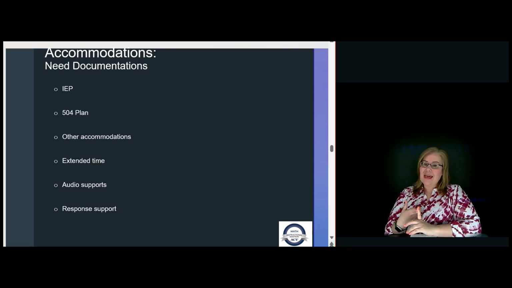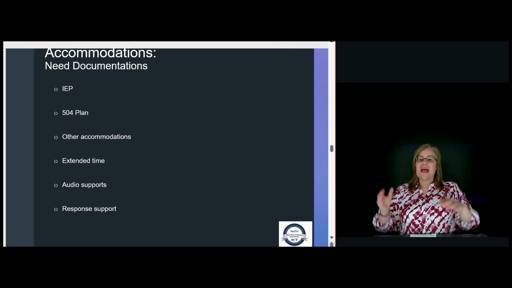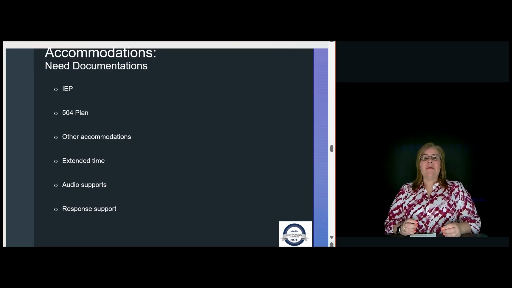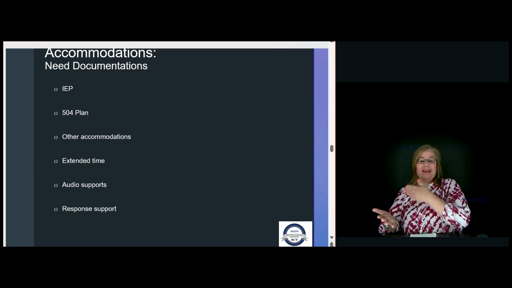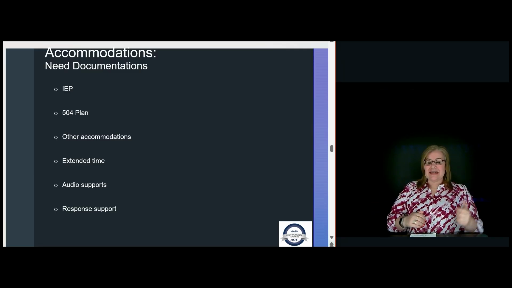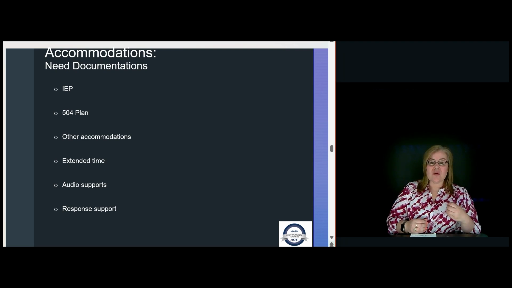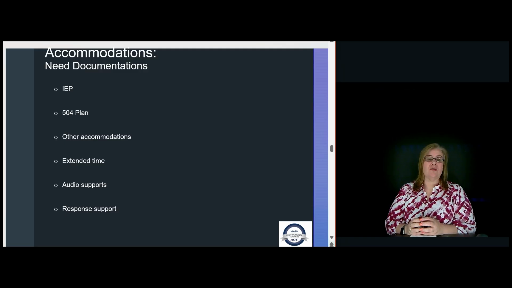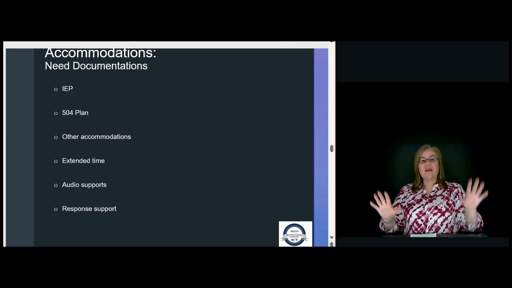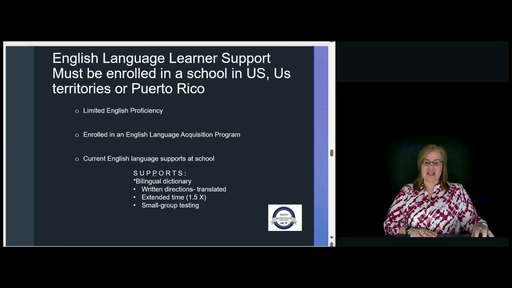If you have an IEP, if you have a 504 plan, if you've got other documentation, maybe from doctors or different medical specialists that can give you documentation, this individual has this, so they need this. You could possibly get extended time, audio support. Maybe they need to read the question to you, or maybe they need to read the responses to you so you can pick the correct one. All of those different accommodations can be gained if you have the correct documentation.